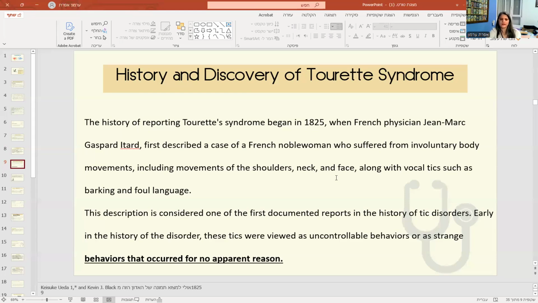Early in the history of the disorder, these tics were viewed as uncontrollable behaviors or as strange behaviors that occur for no apparent reason.